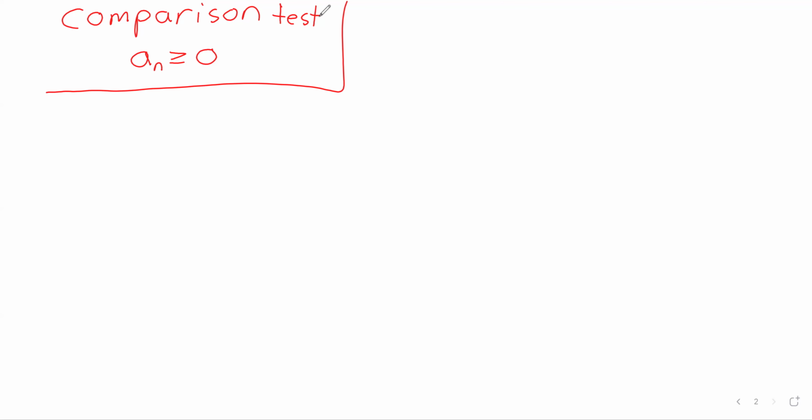And I think the great pro of the comparison test is that it makes a lot of sense intuitively. The comparison test says, well, suppose we have these terms a sub n, and these terms are positive, or at least not negative. 0 is less than or equal to a sub n, is less than or equal to b sub n.